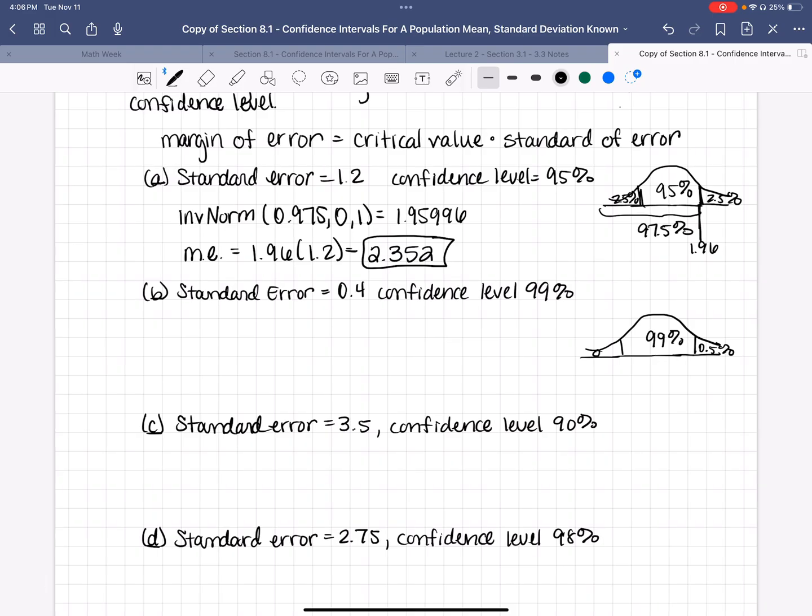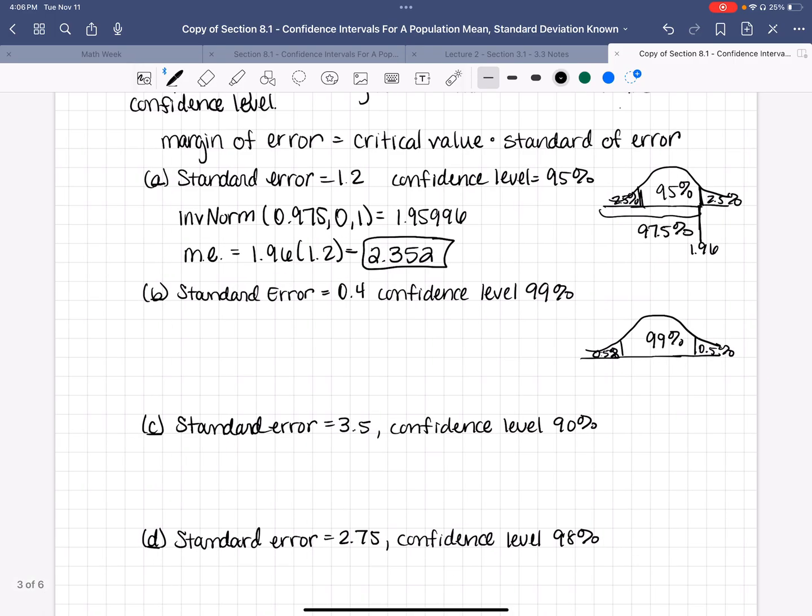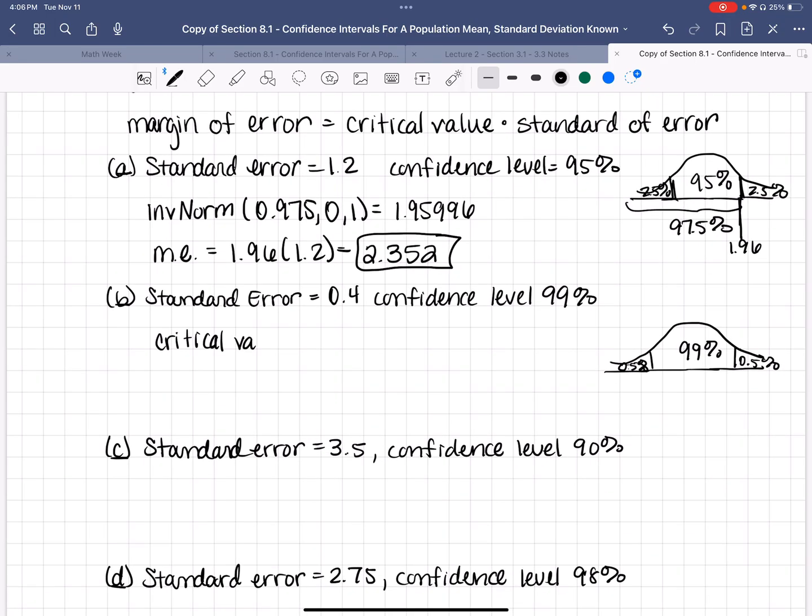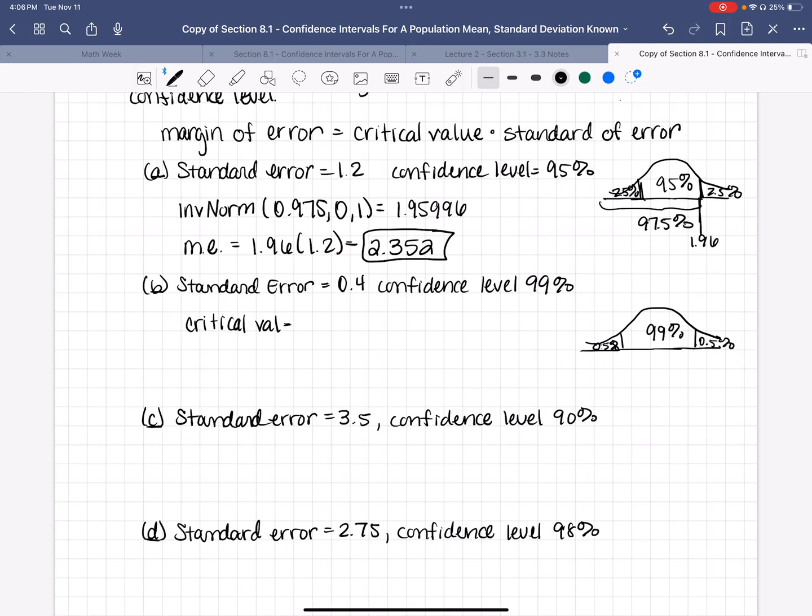This is 0.5%. So that means to find that critical value, that's going to equal my inverse norm of 99.5%, so 0.995, comma 0, comma 1.